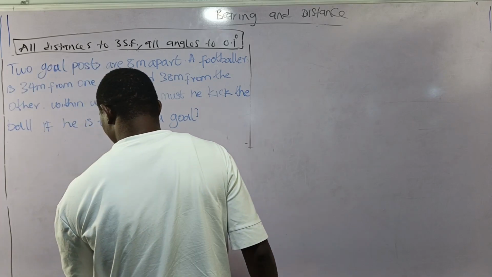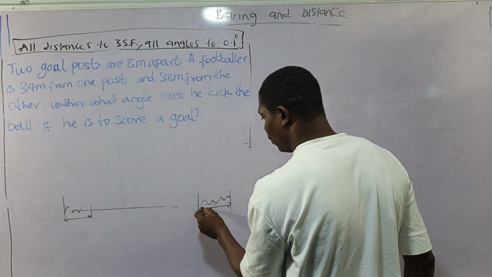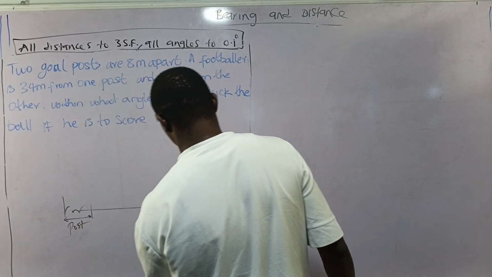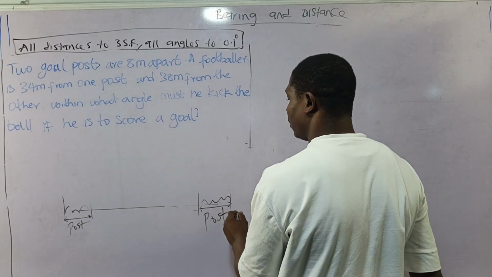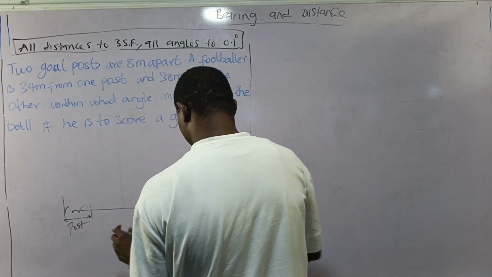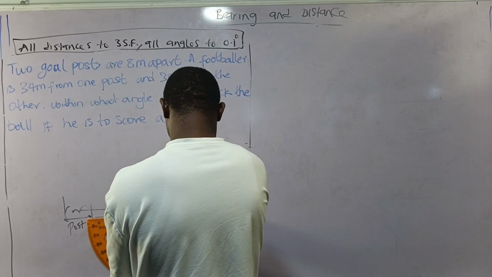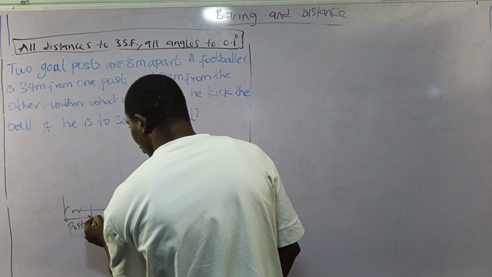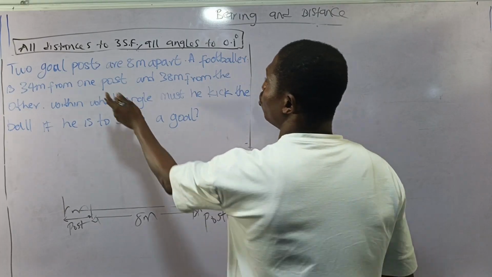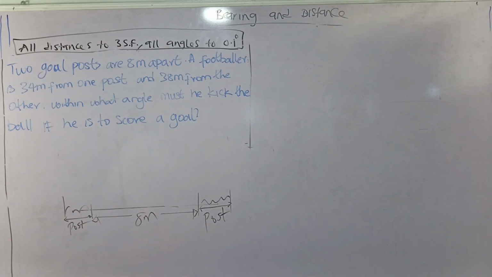This distance is the actual length to one post, and this is the actual length to the other post. But the distance between the 2 posts is this to this, which is 8 meters.